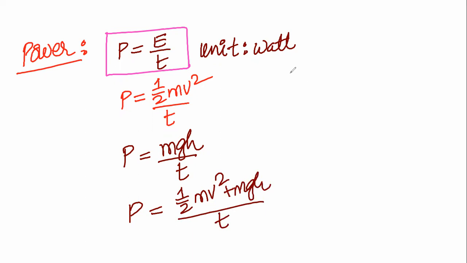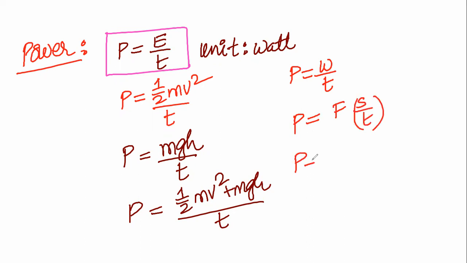Power P is equal to work done divided by time. So power P is equal to force into displacement divided by time. Therefore, we can write power P is equal to force into velocity also. Like this also we may write. Okay, we are going to solve numericals from this chapter.